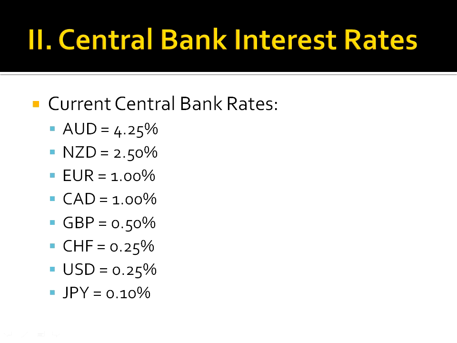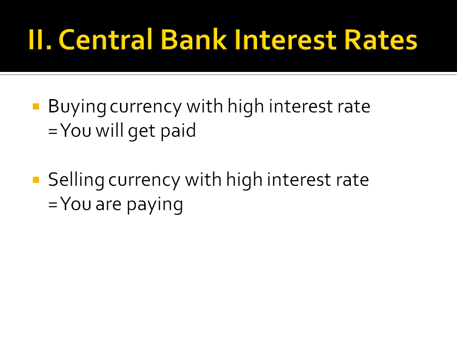So over the course of a year, the banks that the central bank lends money to have to pay 0.25% in annual interest. And because as currency traders, we are buying and selling these different countries' currencies, we pay or get paid according to the swap, according to the interest rates.